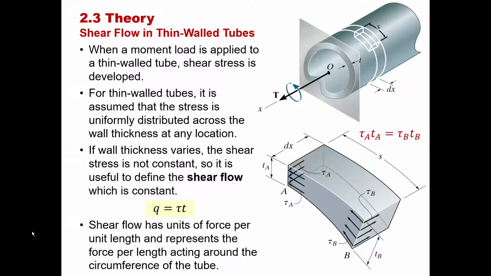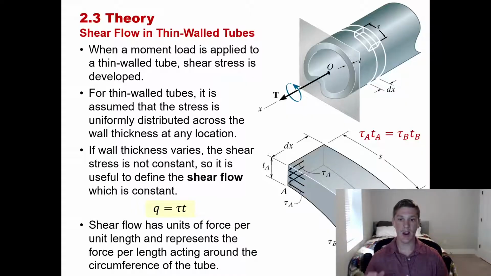Now recall from circular shafts that this is not actually the case. The shear stress is actually larger the closer you get to the outer radius of the shaft. So this is an assumption because it makes it easier for us to analyze the problem. It's not 100% accurate.